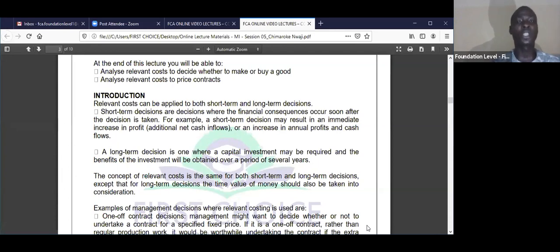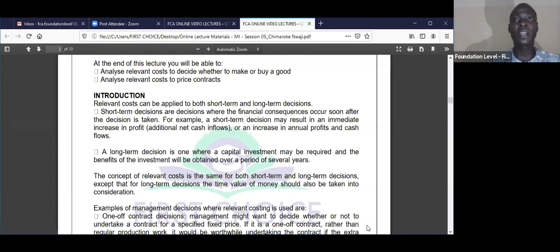So what are short-term decisions? These are decisions where the financial consequences occur soon after the decision is taken. For example, a short-term decision may result in an additional increase in cash flow or profits.